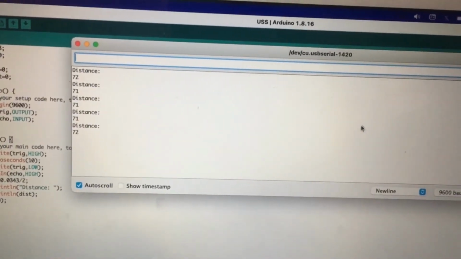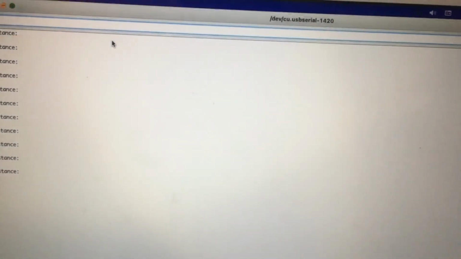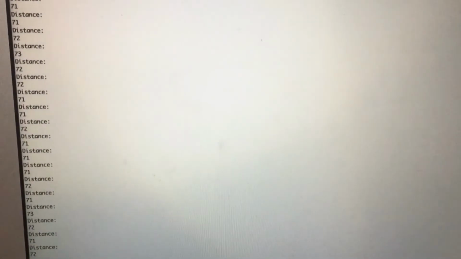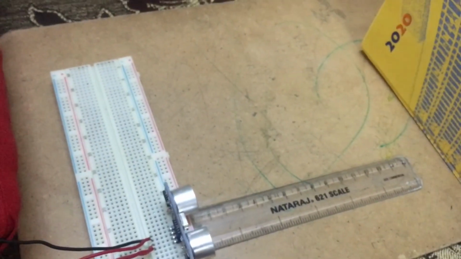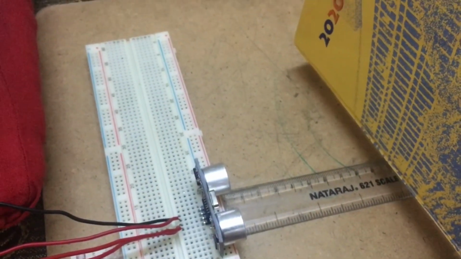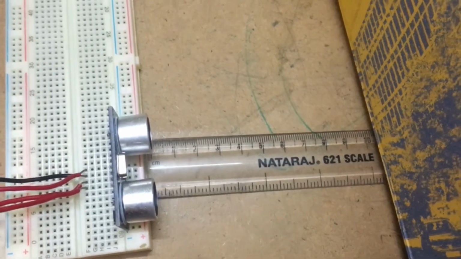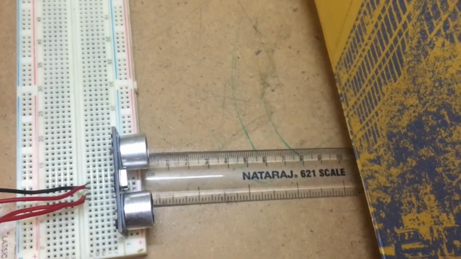So you can see here, it is showing something right now. When I keep an object in front of the ultrasonic sensor, for example if I keep a book like this, it will gradually change. Now the object is at 10 centimeter, approximately 10.